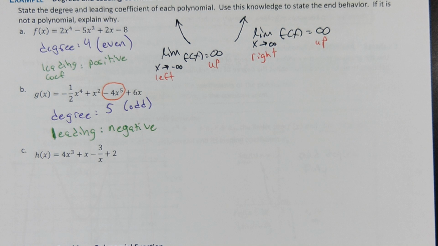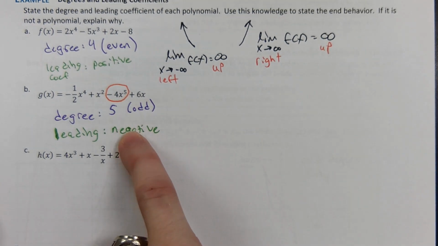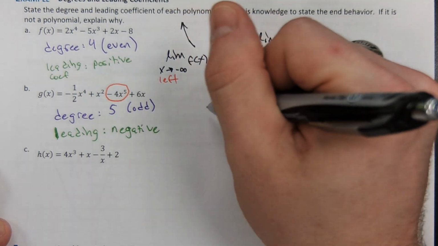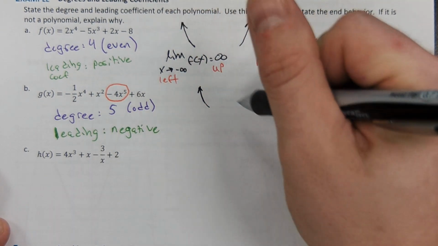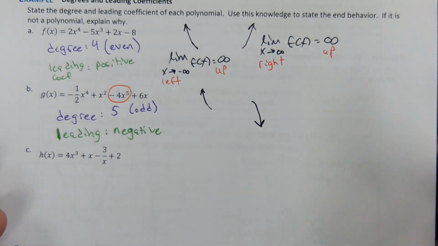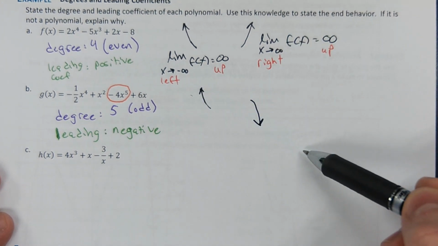The real question is, is it downwards overall or upwards overall? Class, downwards or upwards overall? Downwards overall. Good, because we've got this negative thing here. We're going to have a left up, right down situation, which has an overall downwards trend.